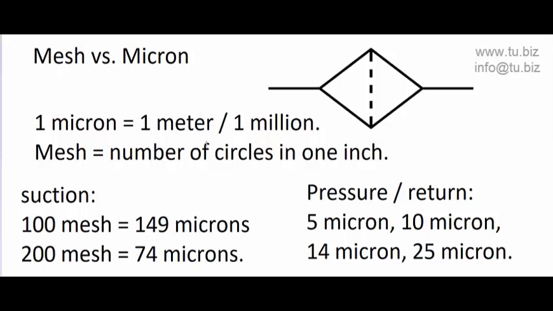Now on the suction line, why don't we have smaller microns over here? The reason we don't have a smaller micron is because the suction line can cavitate very easily, and there are better ways to do filtration in the pressure line and the return line.